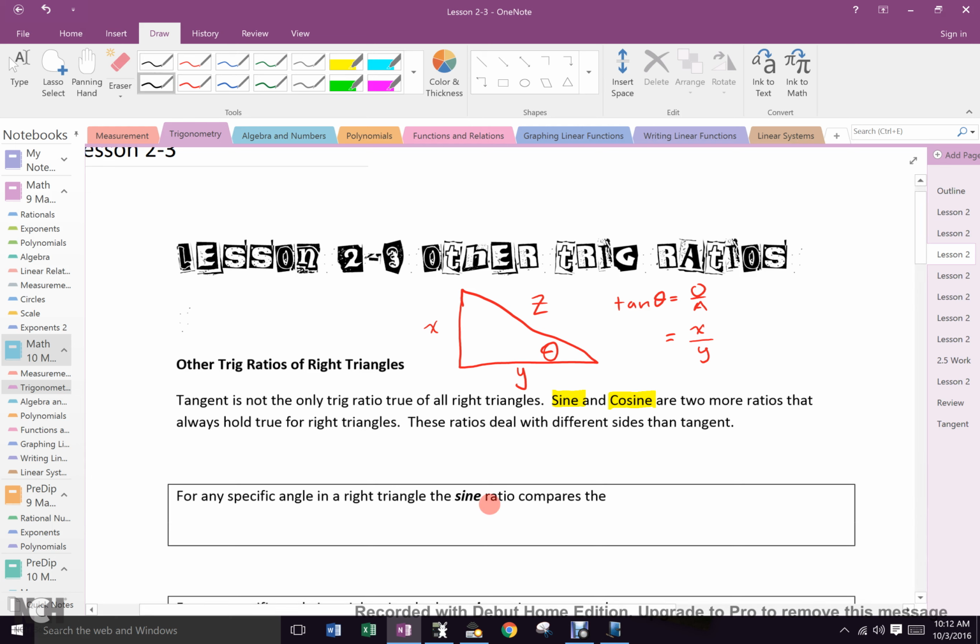The sine ratio compares the opposite measurement to the hypotenuse measurement.